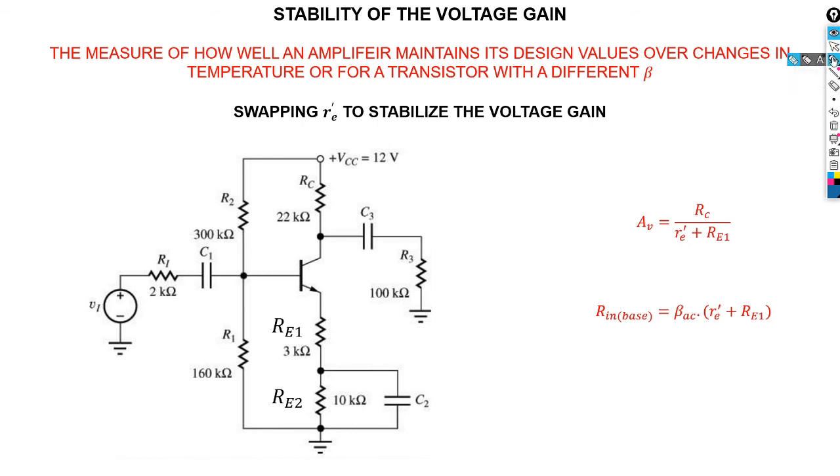In order for us to stabilize our voltage gain, we're supposed to put just one emitter resistor like that. But now we come here, we split the emitter into two, so we bypass only one part of it. Can you see that?